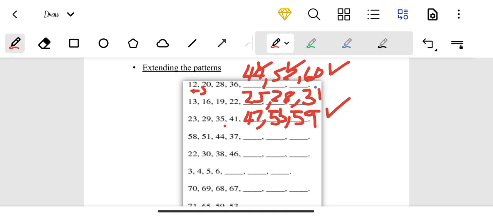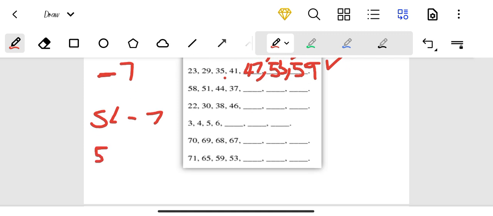So jumping to the next, we have 58, 51, 44, 37. This one is going down, so it means that the rule is going to be negative. For us to get 51, they subtracted a 7. 51 minus 7: if I say 50 minus 7, I'm going to have 43, plus 1 is going to be 44. Very well.